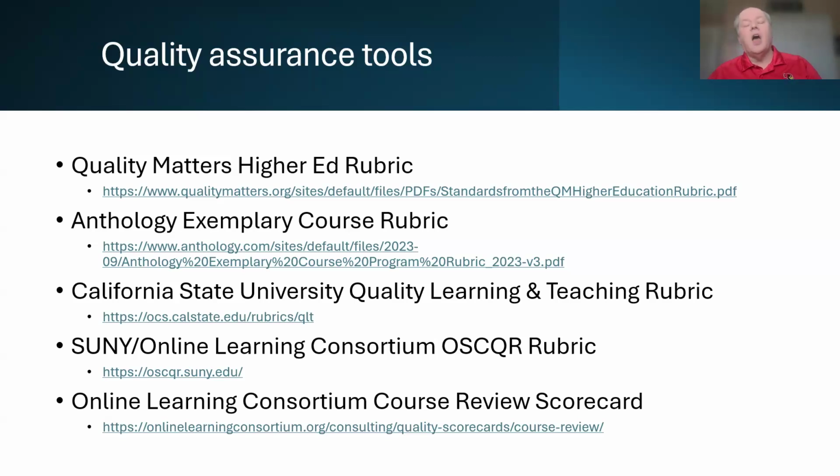With the development of different quality scorecards, they have recently created their own rubric, the Online Learning Consortium Course Review Scorecard. So OLC is no longer actively using the OSCQR like it used to be, but the State University of New York system still does use the OSCQR and makes it available to everybody.